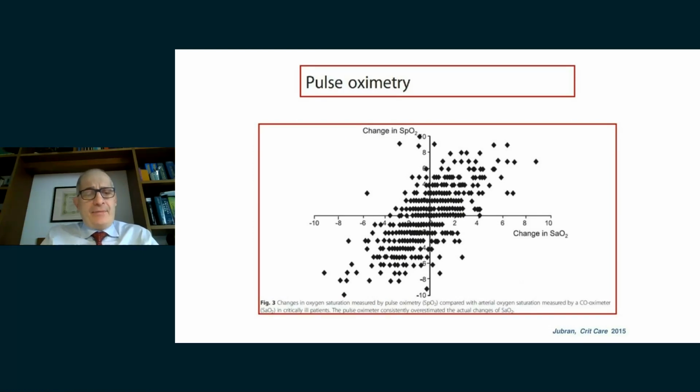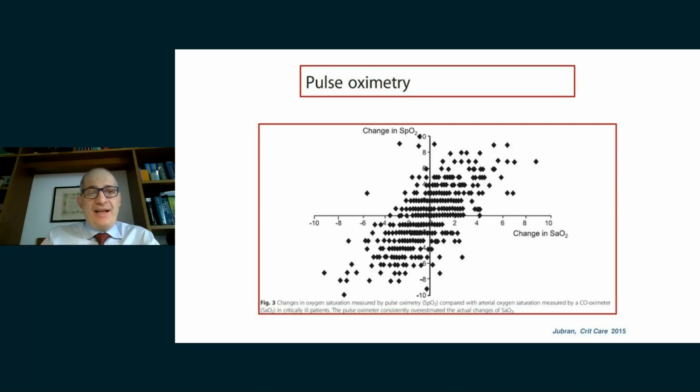if we get a good and reliable signal, what is the bias of the pulse oximetry compared to the gold standard of arterial saturation with blood gas analysis? As you can see, this is a huge number of patients with acute respiratory failure ventilated at different FiO2.